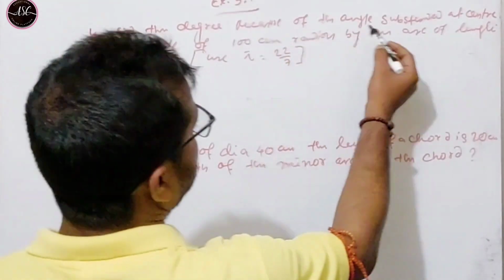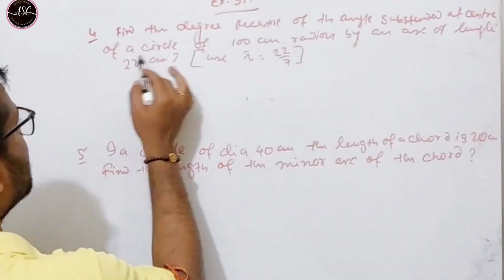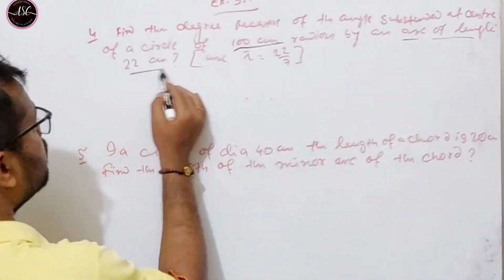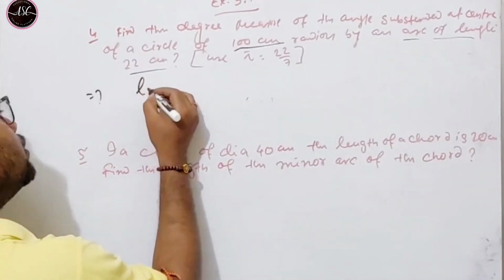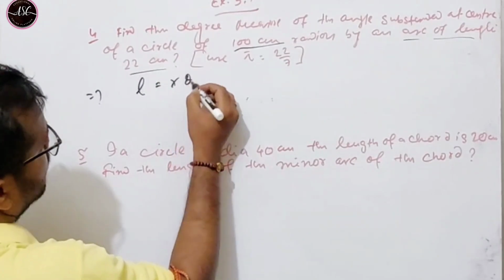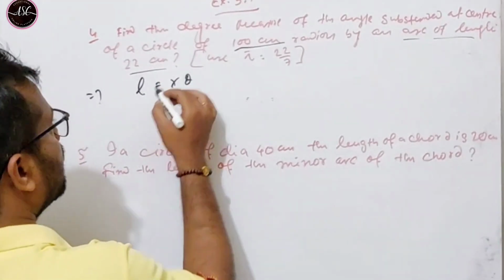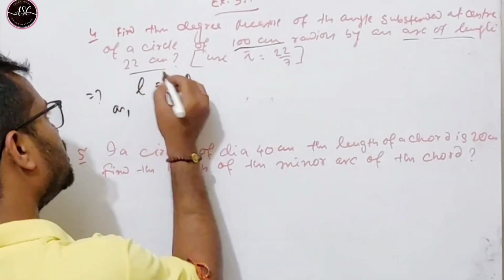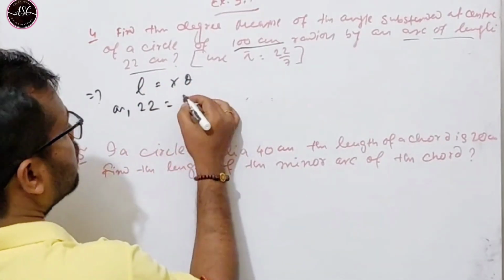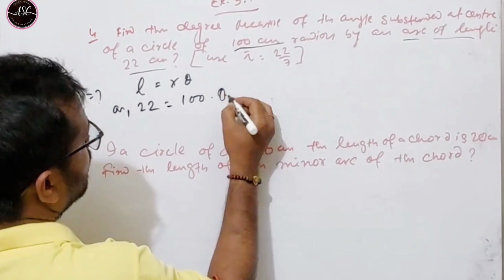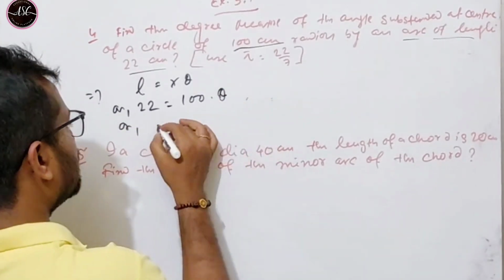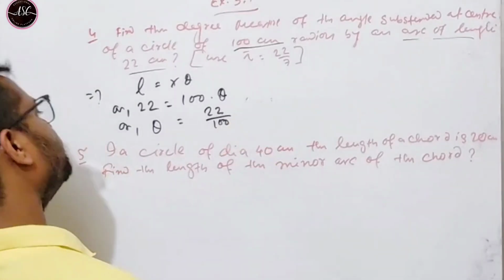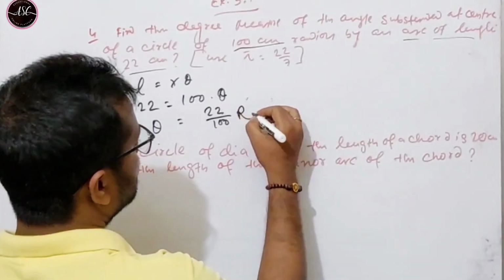Find the degree measure of the angle subtended at center of a circle of 100 cm radius by an arc of length 22 cm. We know L equal to R theta. Here L equal to 22 cm. By putting this value, we get 22 equal to 100 into theta. That means theta equal to 22 by 100. Okay, this is the radian value.